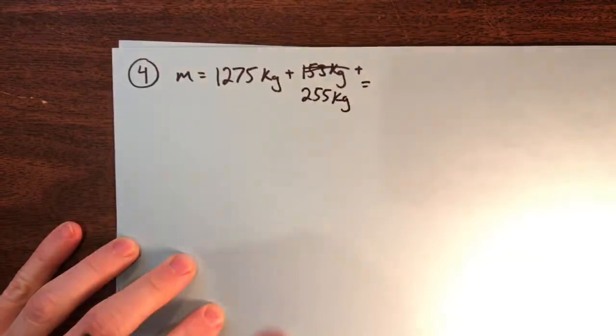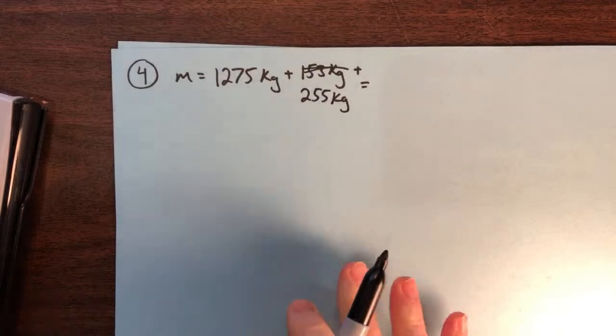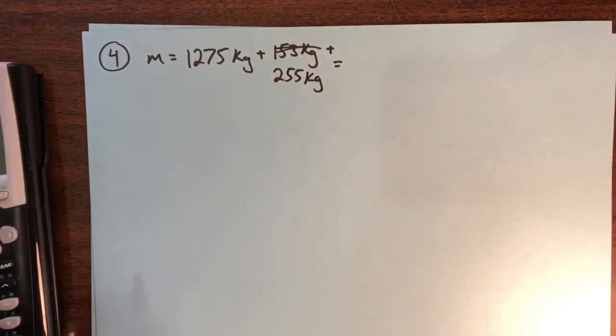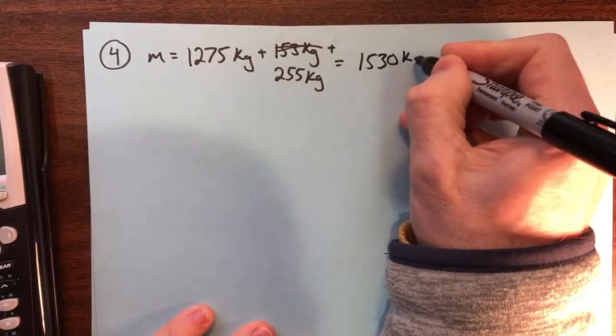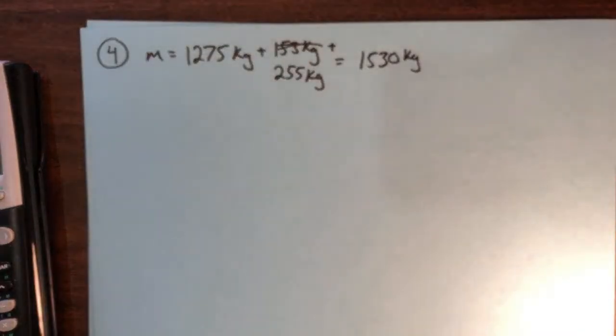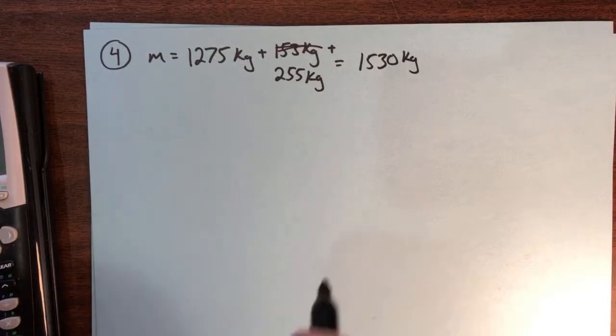So let's just get that total mass. And remember, we're going to divide by 4 because we have 4 tires with 4 different springs on them. So that's going to be 1275 plus 255, and I'm getting a total mass of 1530 kg for the car and the occupants. And let's divide that by 4.